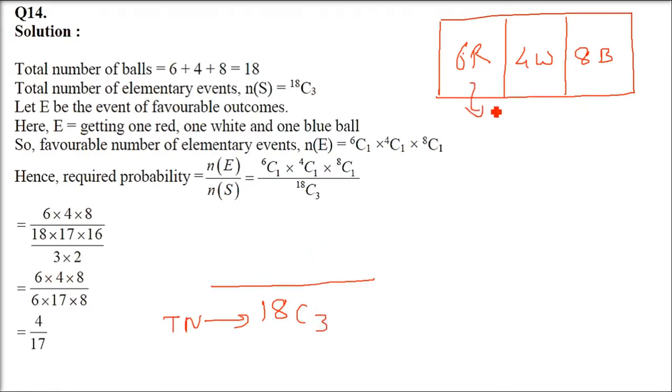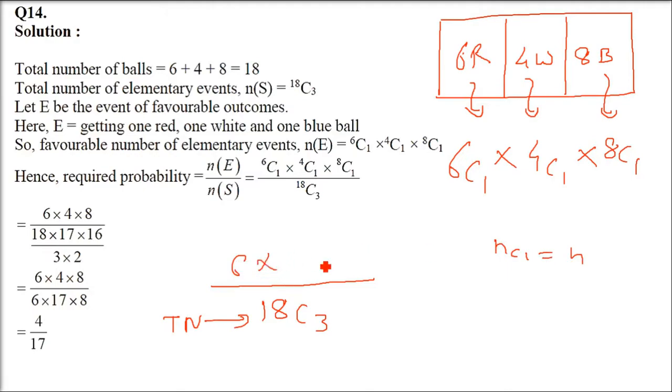Now let us see the favorable cases. 1 from here, 1 from here, 1 from here. So from the 6 we are taking 1, 6C1, this is the combination. 4C1, taking 1 from this 4. 8C1, taking 1 from here. I told you already when to multiply and when to add. So just multiply these and put it in the numerator. 6C1 is 6, nC1 is always n.